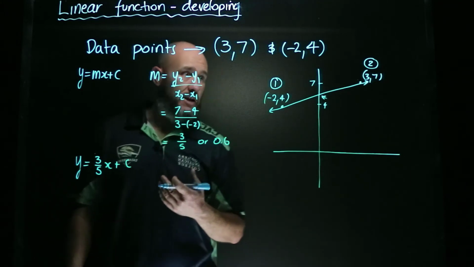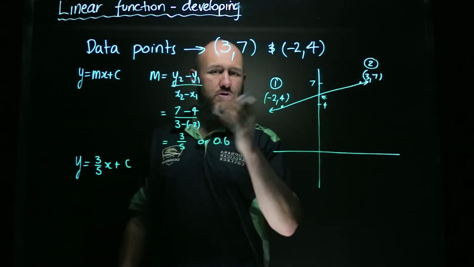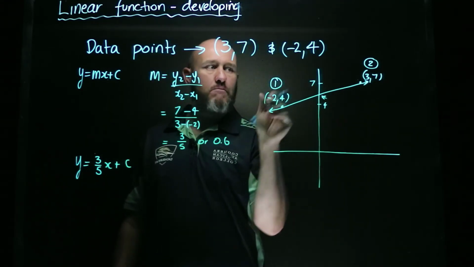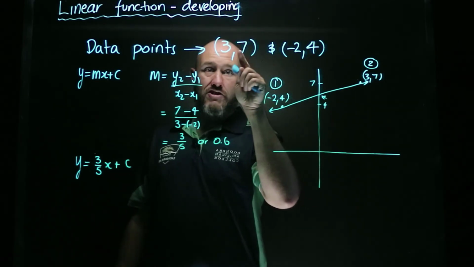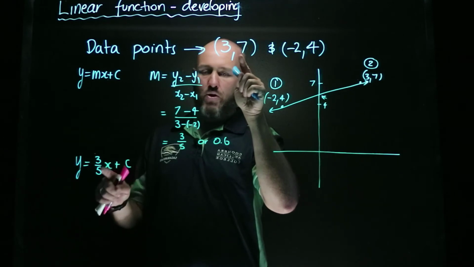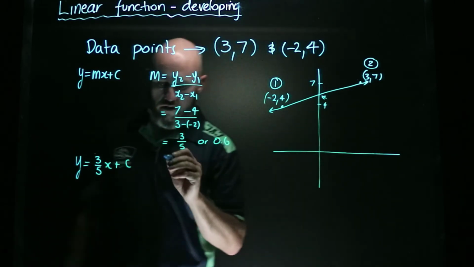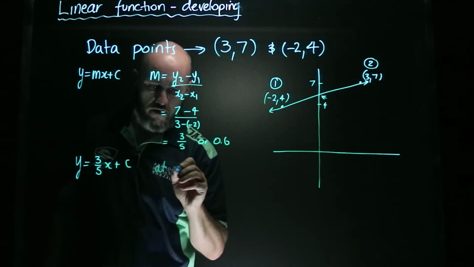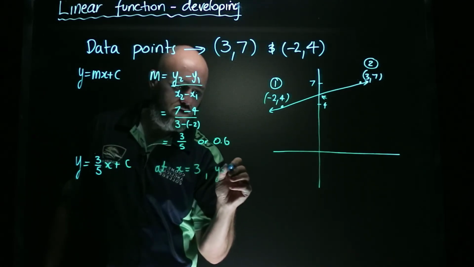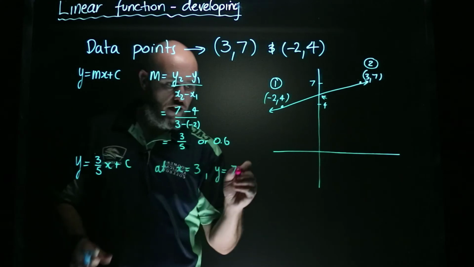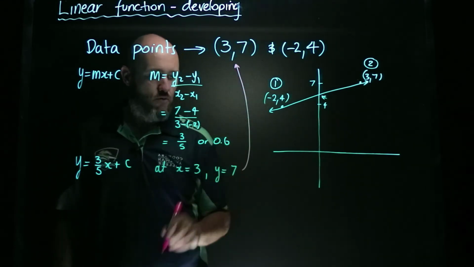And I get to make a choice now. Usually I try and pick the smallest numbers. If there's a 0 in there, I'll pick that. But you know what, I really hate dealing with negatives. So I'm going to avoid that negative, and I'm going to go to this point here. I'm going to put it in there, and I'm going to calculate my c value. So I'm going to say at x equals 3, y equals 7. That comes directly from that data point.